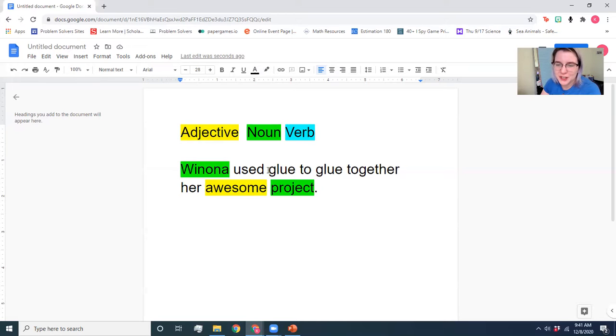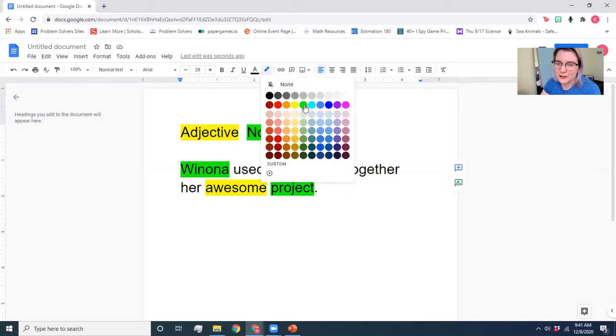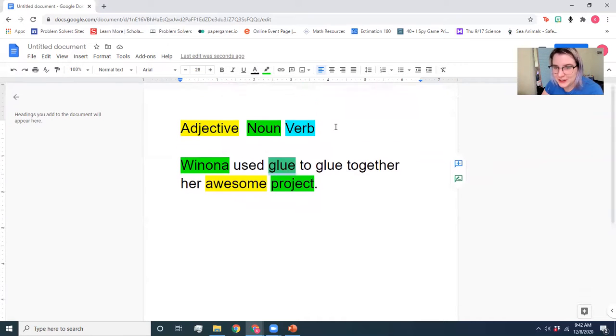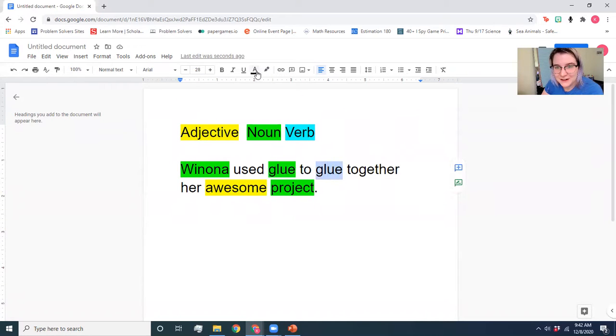Winona used glue. That is the physical glue that she used. Glue, noun. To glue her awesome project. You know, when I tell you guys, all right, go ahead and start gluing. It can be used as a noun or a verb.